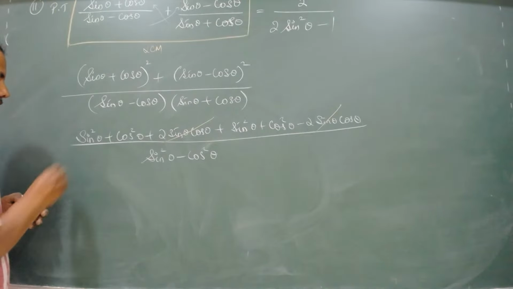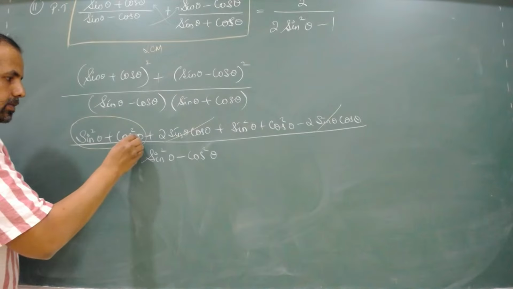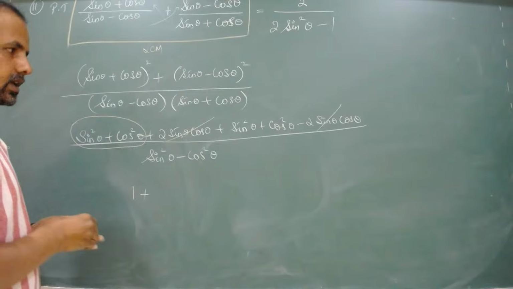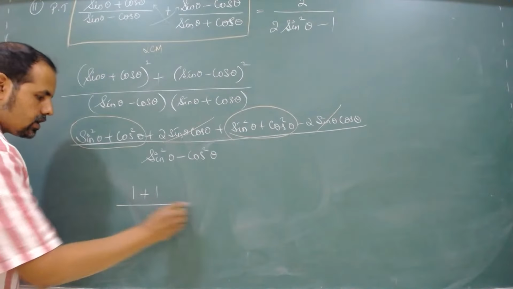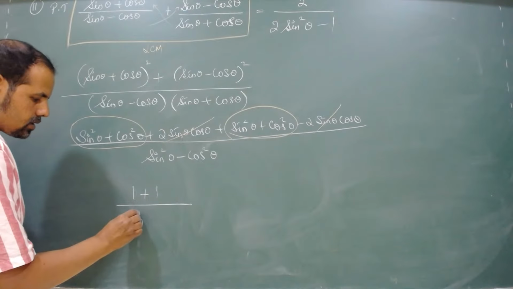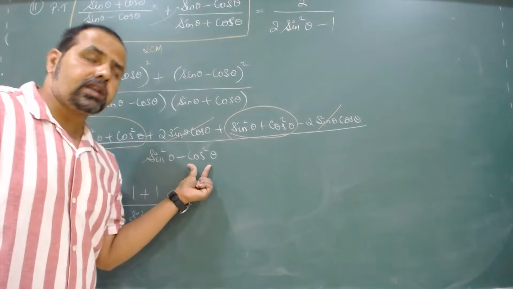And you very well know that sin square theta plus cos square theta is 1. Again here sin square theta plus cos square theta is 1, divided by sin square theta. But I don't require cos square theta here.